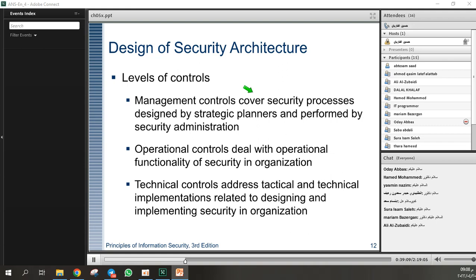It means that I need some strategic planner, I need a security administrator to plan that security architecture and confirm those security administration performed by security administration.